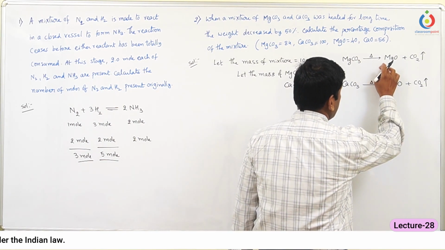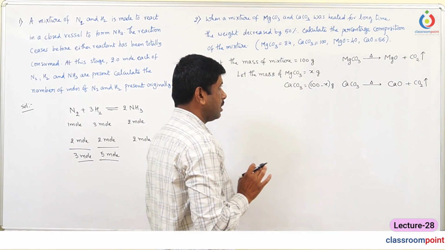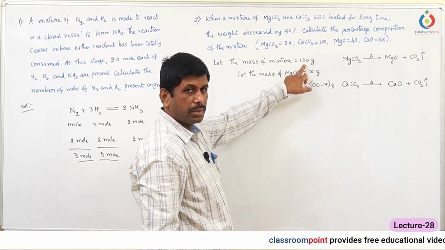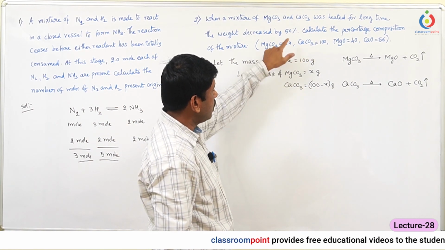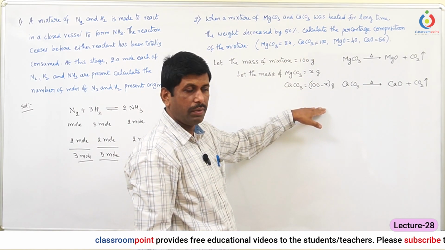So now magnesium oxide and calcium oxide are finally present in the reaction mixture as the products. The initial reaction mixture we have taken as 100 grams. The mass is reduced to 50%. That means the final products' mass can be taken as 50 grams.